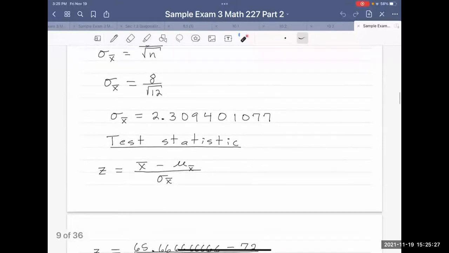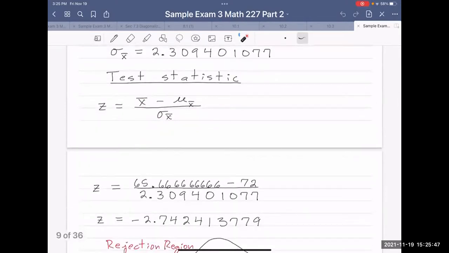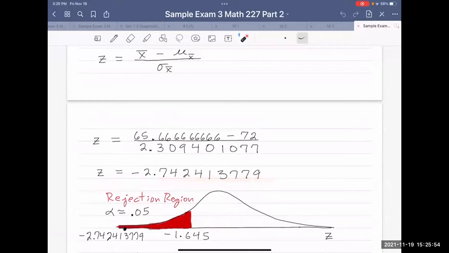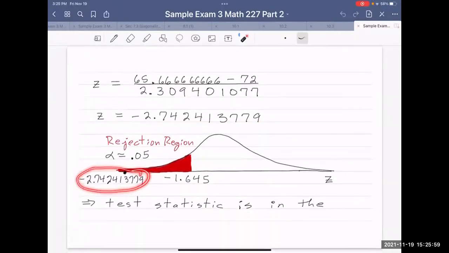So let's calculate my test statistic. And so z is x minus mu over sigma. So the sample mean, we just calculated that, 65.6 minus 72 over sigma, 2.309, gives negative 2.74241379. Well, this is in the rejection region.